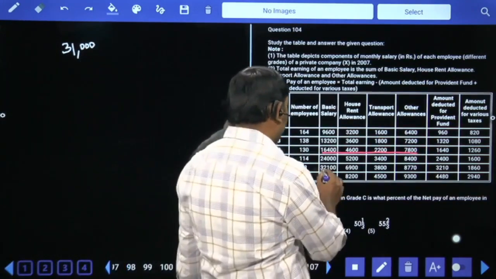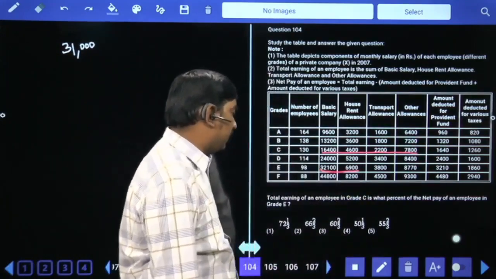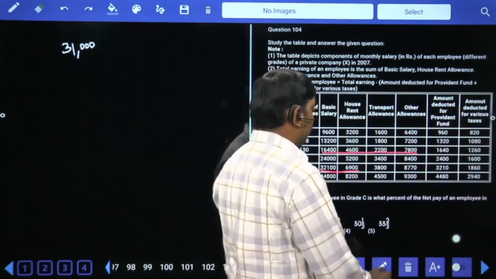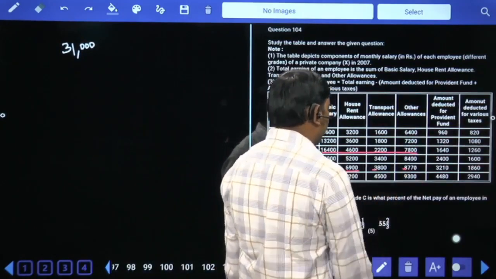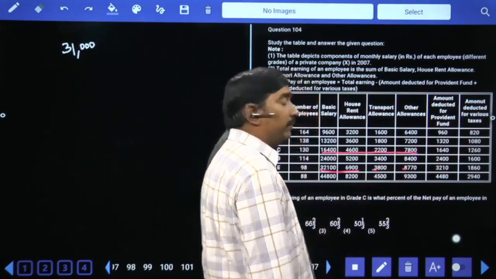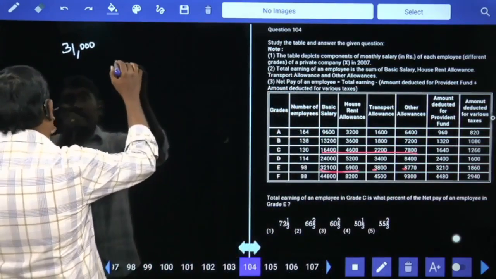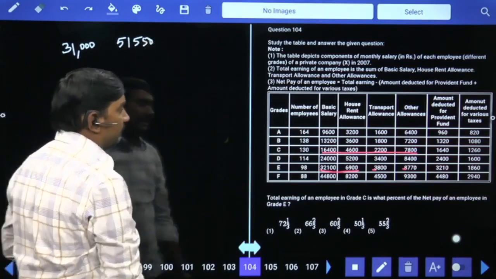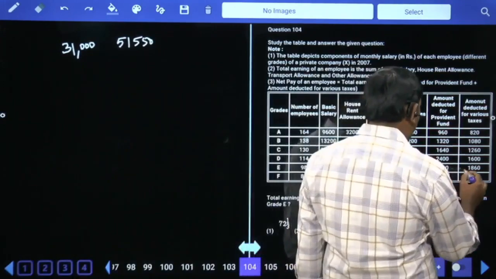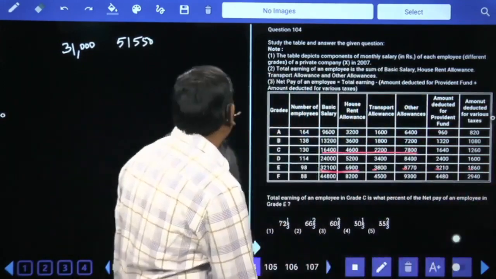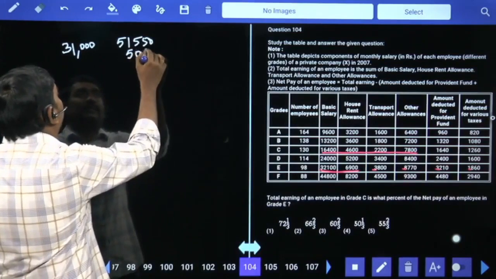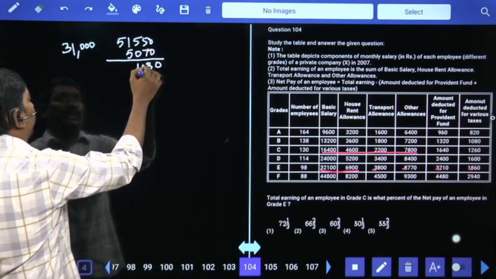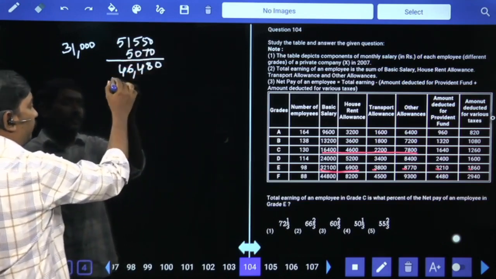Grade E: 32,100 plus 6,900, 39,000. 39,000, 42,000, 50,000, 800, 750, 1550, 51,550 minus deductions. 32, 18, 5,070. 15 minus 7, 8. 11 minus 5, 6. 46,480.